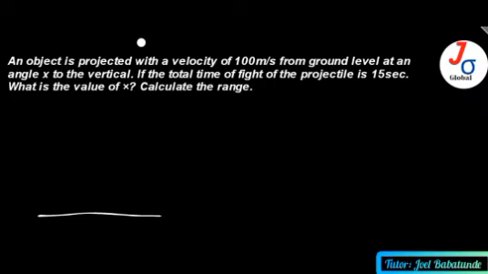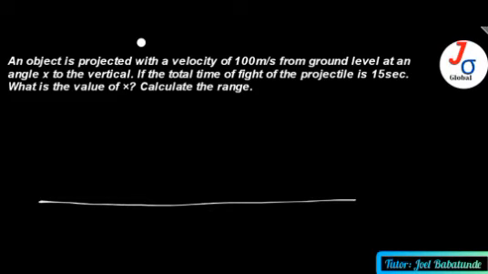So let's try to do this. Something is projected from the ground level at an angle x to the vertical. All of the things we did before were to the horizontal. The first example we did was to the horizontal; this is to the vertical, so we have another vertical axis.